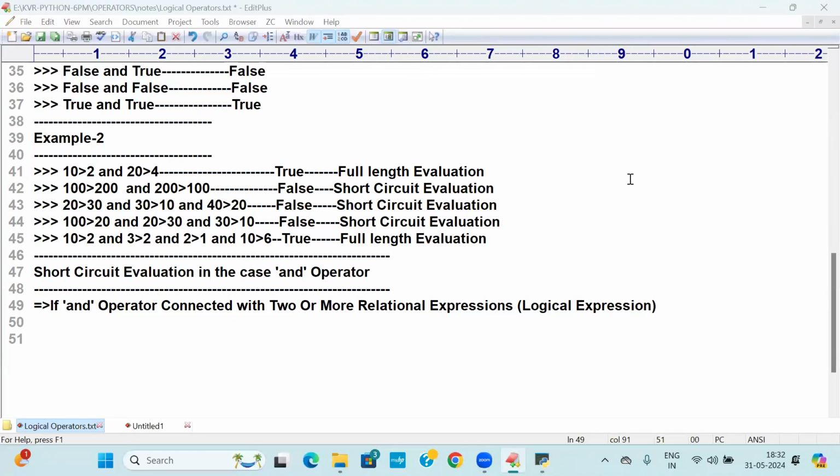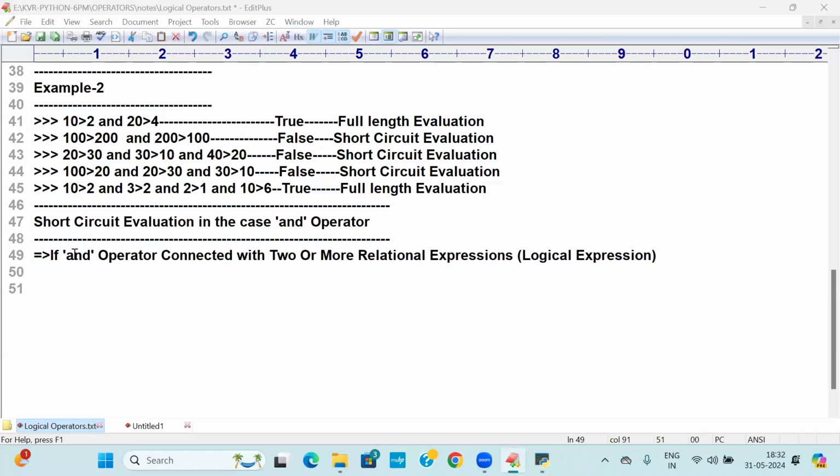If two or more relational expressions are connected with the AND operator, and if the result of the first, the initial relational expression, is false.